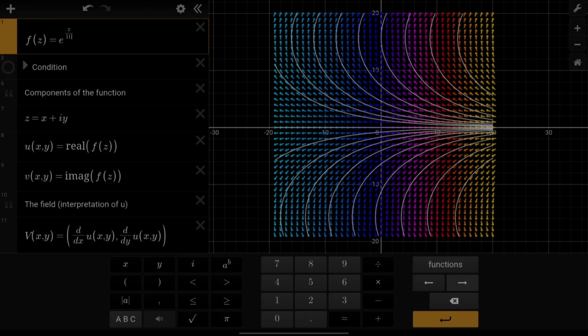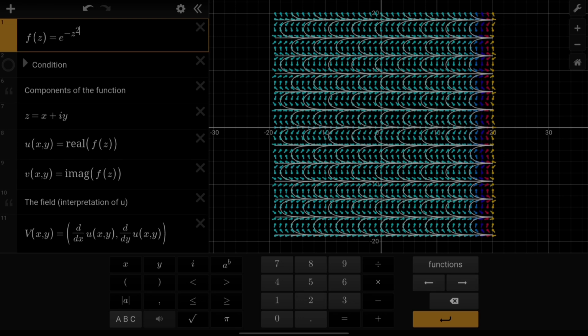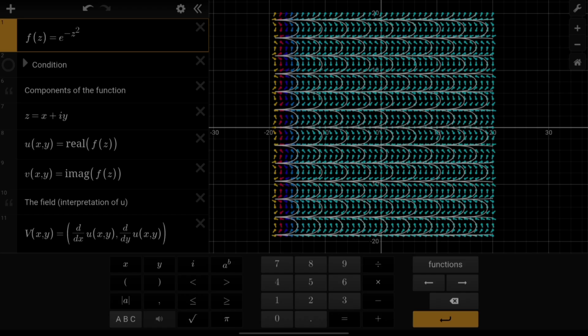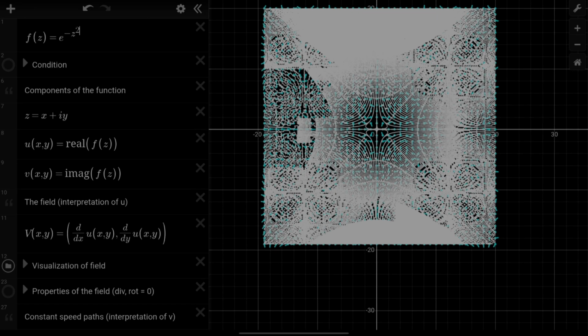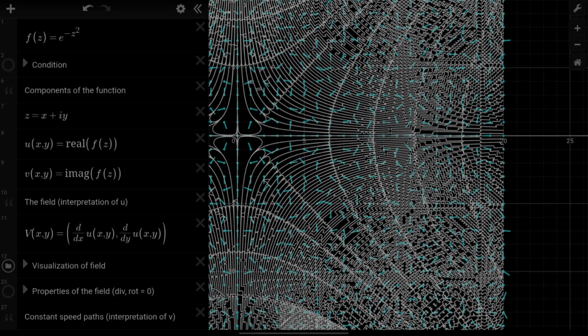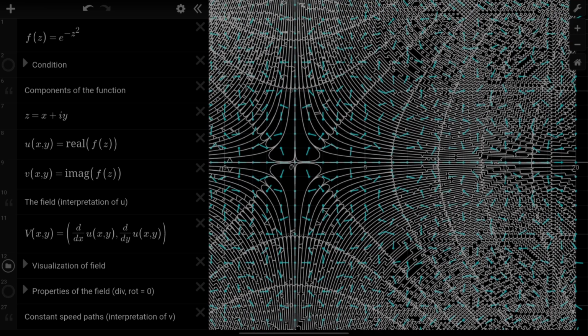And in general, you could explore functions as you wish. For example, let's say that we have e to the power of negative z squared. This is e to the power of negative z. And let's wait until it computes the square. It becomes very messed up. Okay, we might want to move in for a little bit.